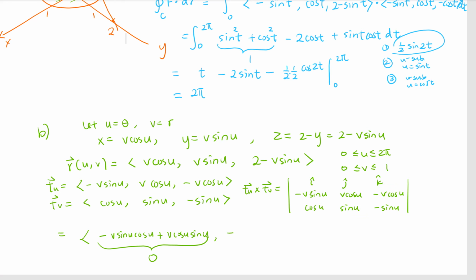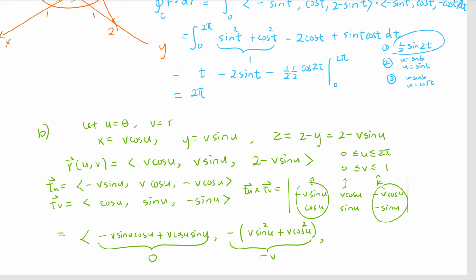We get minus the j component of this. Minus becomes plus, so that is plus v sine u squared, plus v cosine u squared. You know sine squared plus cosine squared is 1. This is minus v.